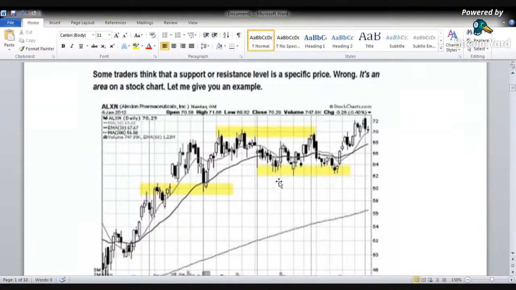So, makita natin din yung mga candles diyan, may mahaba yung mga wicks, saka may mga maiksi. Kaya nga yung support ay hindi po fixed, hindi po specific, but it is an area. So ito yung area.